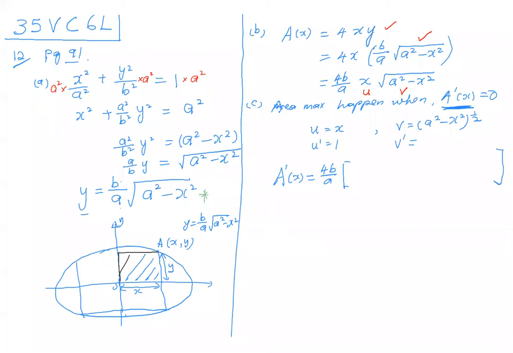So for this one, bring down the power, copy down the whole thing, power take away 1, times by the derivative of the bracket, inside the bracket. If you want, over here you can simplify further.